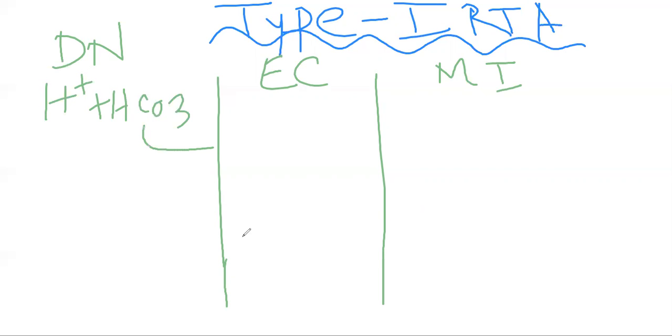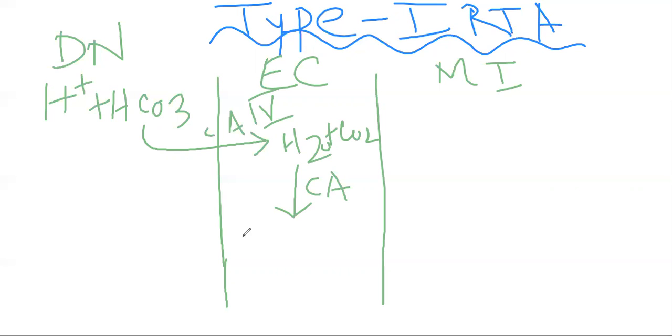What happens when hydrogen ion and bicarbonate ion reach here? In the presence of carbonic anhydrase type 4, they produce H2O plus CO2. Again, these react with each other in the presence of carbonic anhydrase type 2 enzyme and immediately produce hydrogen ion and bicarbonate ion.